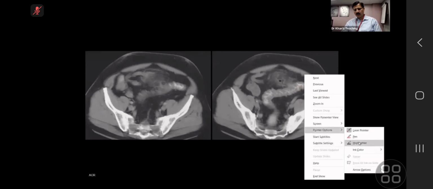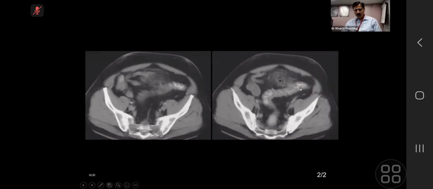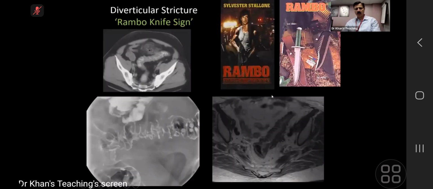Let me change my mouse to a pointer form. Now you can see how the mucosa goes up and down. There is no destruction. So this is the peculiar appearance of a diverticular stricture.